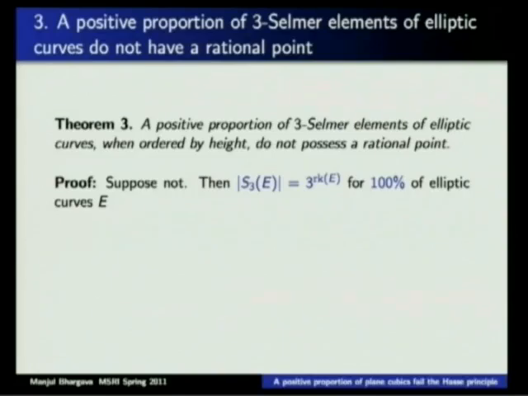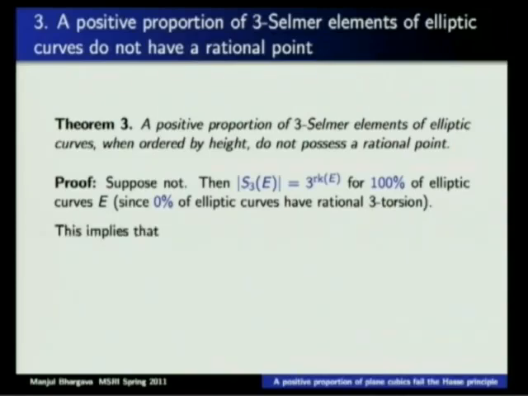If we assume that all 3-Selmer elements have a rational point, then that implies that the 3-Selmer group has size 3 to the rank for 100% of elliptic curves. The reason is that 0% of elliptic curves will have rational 3-torsion, so they won't contribute anything to the 3-Selmer group. So if 100% of 3-Selmer elements have a rational point, then for 100% of elliptic curves, the 3-Selmer size is 3 to the rank.